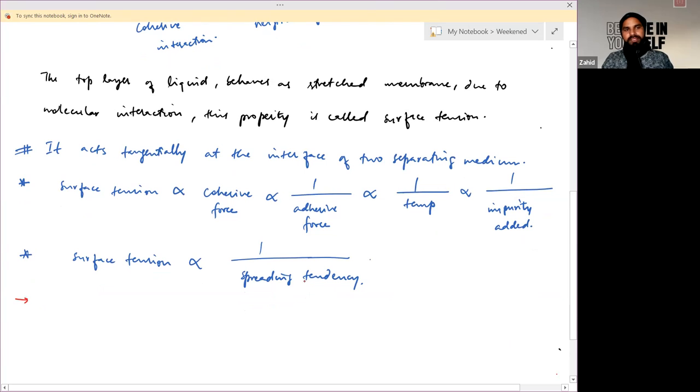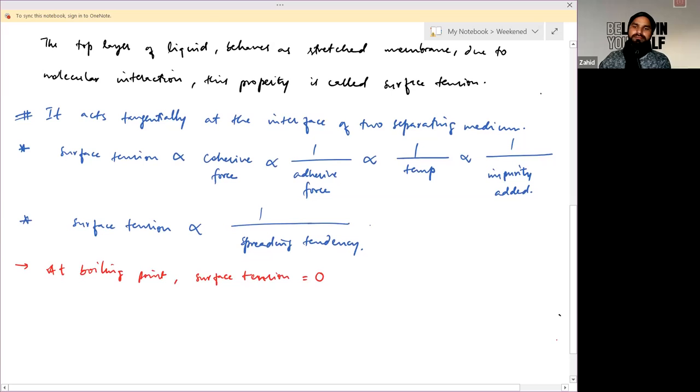Due to this temperature dependency, at the boiling point of a liquid, surface tension equals 0.